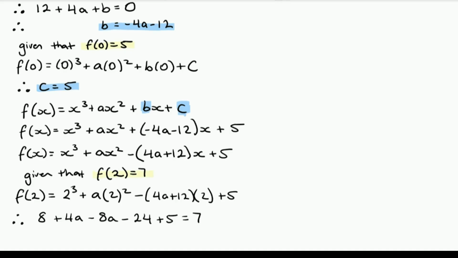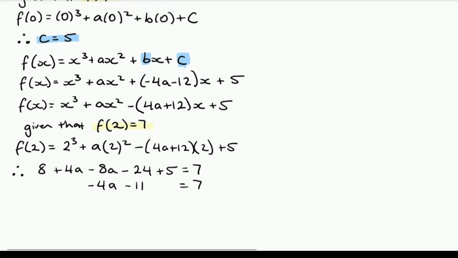Now simplifying this, we're going to have that 4a take 8a, that should give us minus 4a, minus 24 plus 5 is going to give me minus 19. Take a further 8 gives me minus 11 is equal to 7.